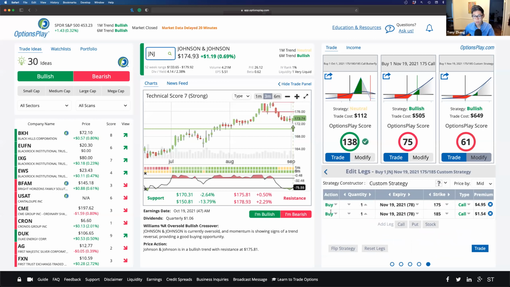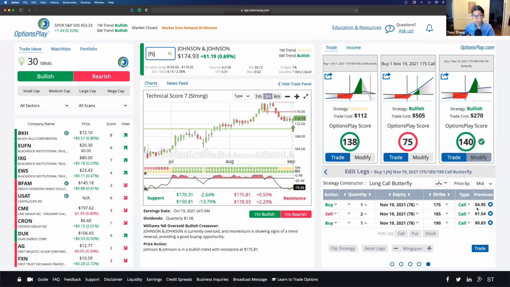Can you sell two contracts of this and then buy a really far out of the money call option as well, right? This is what we call a broken wing butterfly. There are so many variations that you can do on this so that you don't have losses to the upside versus a butterfly. As you can see, at some point you have losses to the upside.